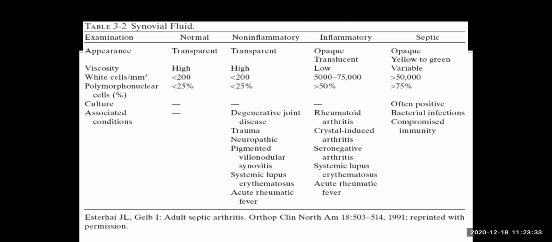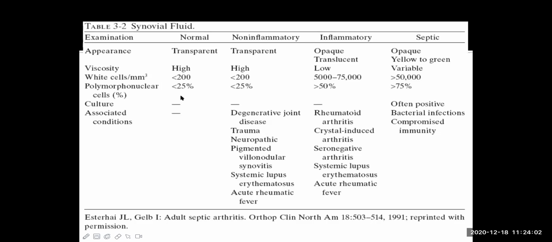Now, I'm not going to do this on my own in this class, but this slide is giving you a lot of important concept. See this. This is the different type of examination we do on synovial fluid. Appearance, viscosity, white cell count, what is the percentage of neutrophil, what is the report of culture, and what are the associated conditions.